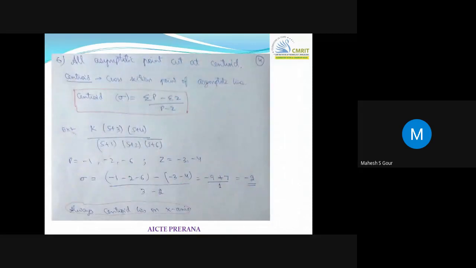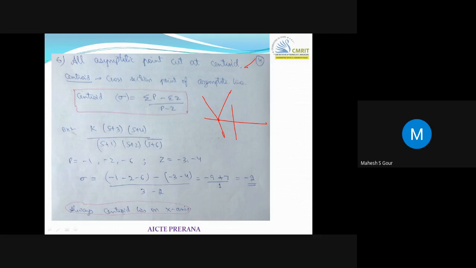The next thing, now that you have studied asymptotic lines: the asymptotic lines are the lines which emerge from the centroid and terminate at infinity. They will meet the root locus at infinity. So what is the centroid? All the asymptotic lines will meet at a point.